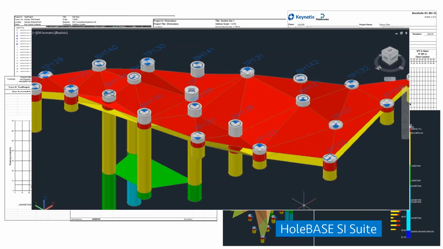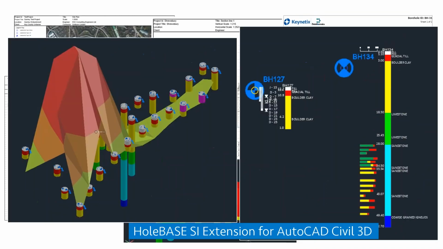And in the same way, we could link the geotechnical module into the central database to use the geotechnical module functionality, or you could link in its big brother, which is the Holebase SI extension for AutoCAD Civil 3D, that does all what the geotechnical module does, but has access to all of the other data that you may want to manage inside for geotechnics.